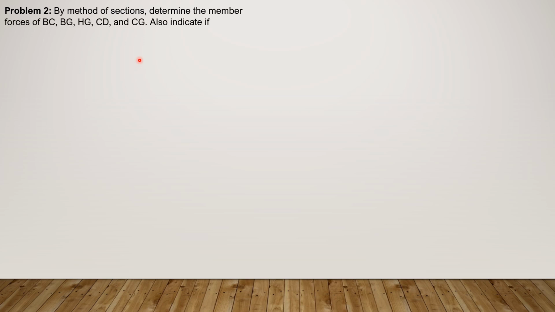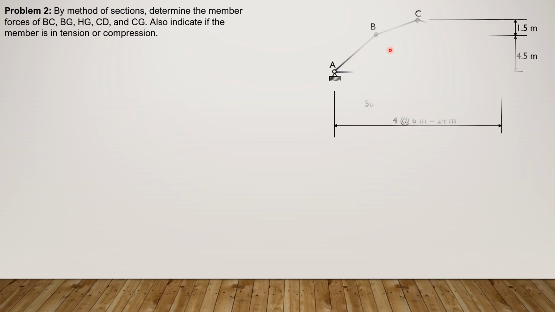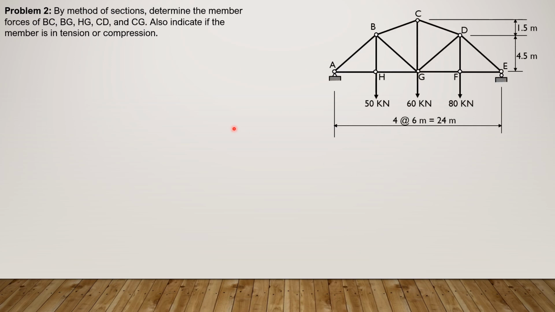Second problem, by method of sections, determine the member forces of BC, BG, HG, CD, and CG. Also indicate if the member is in tension or compression. This is the figure. Supposedly, you can combine method of sections and method of joints to analyze these required members.